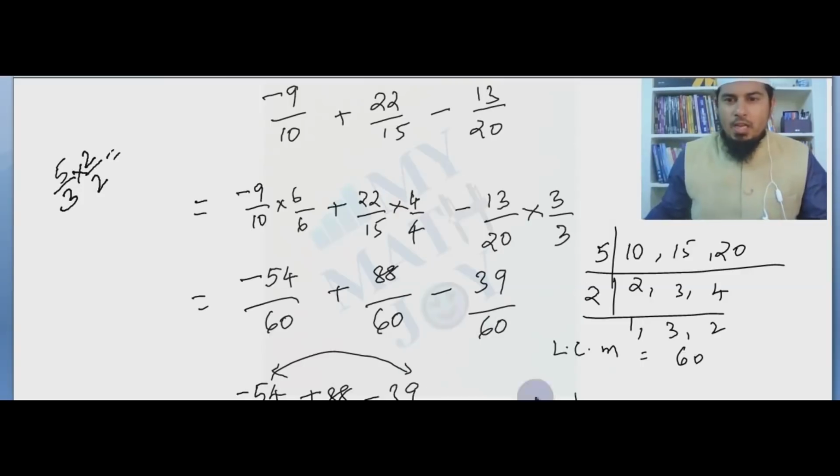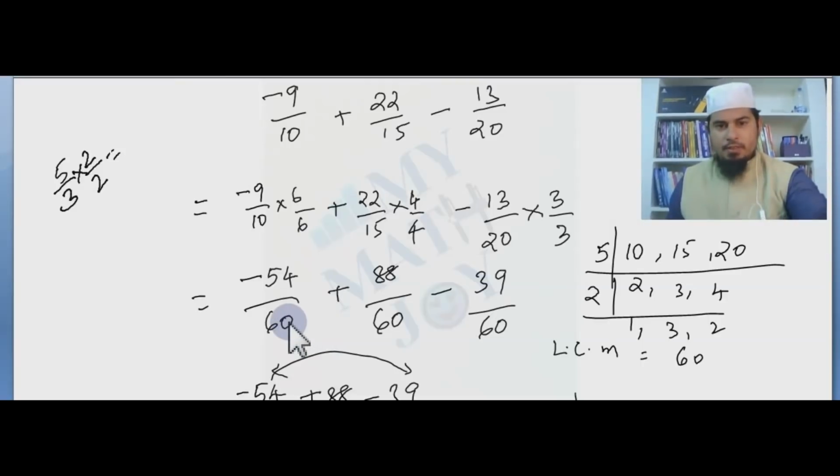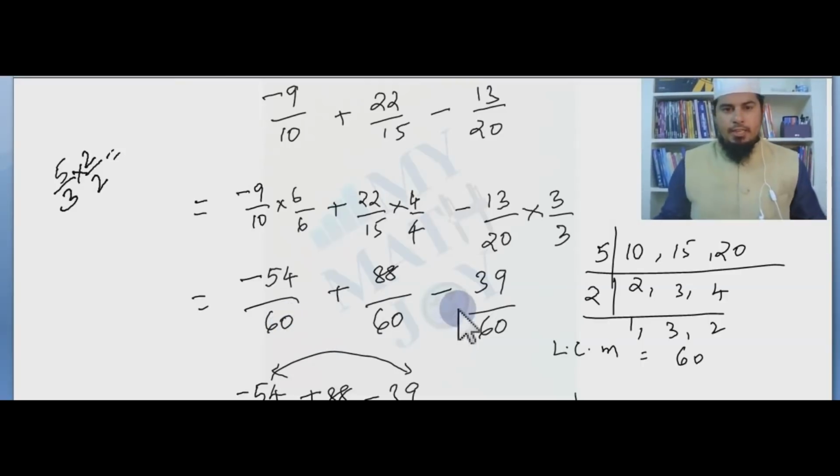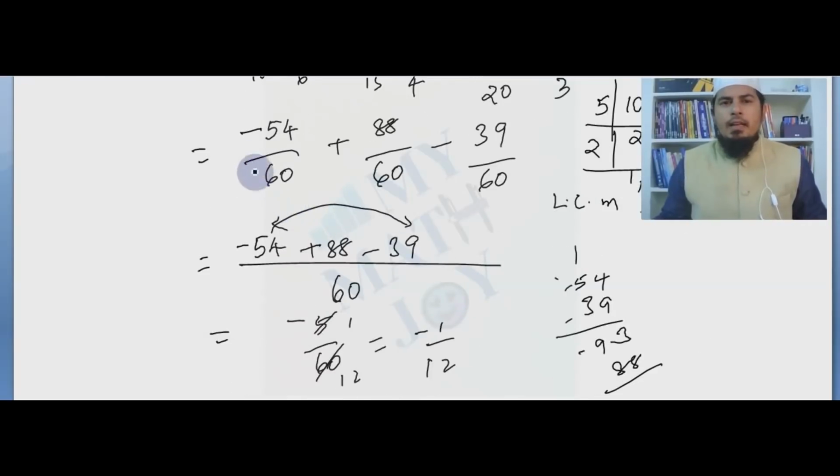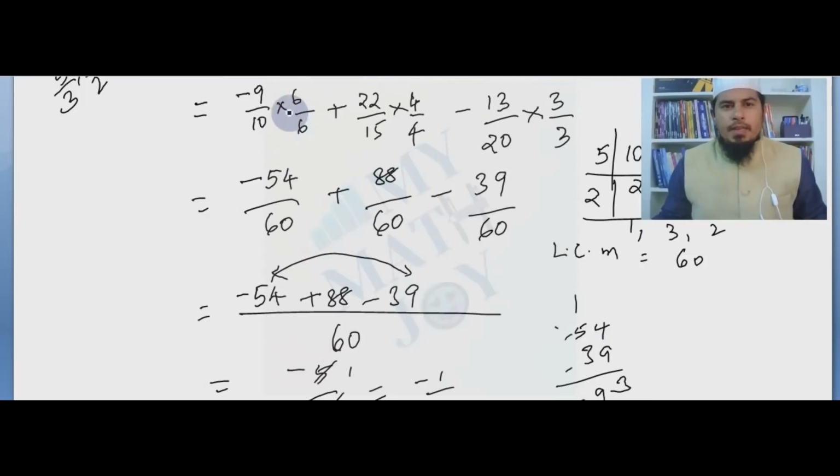Okay, every denominator we got as 60. Then what we will do is multiply the numerators and denominators. We got this step. Then take the whole denominator 60 and collectively write all the numerators.